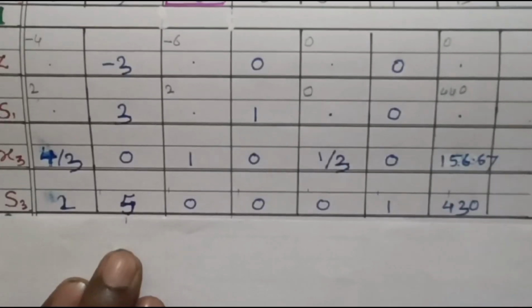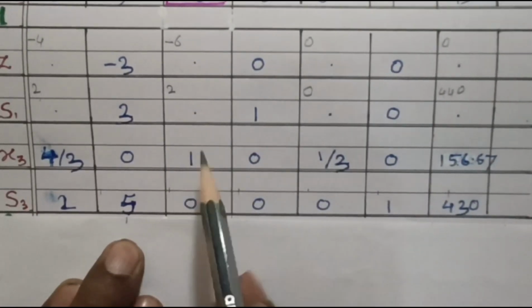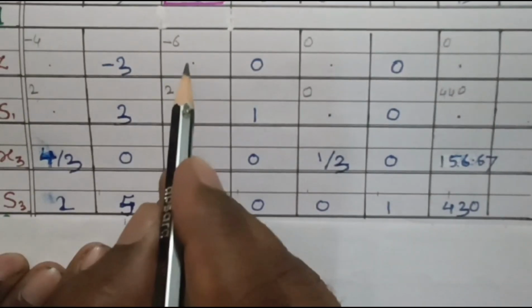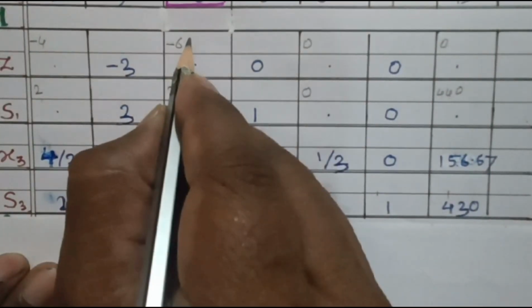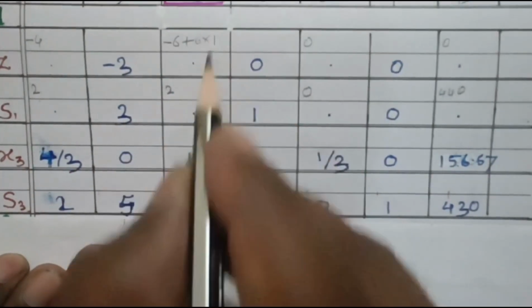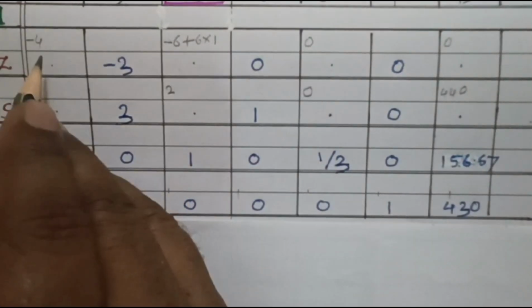Now in the key column, with respect to the key element, we have to reduce this element to 0 and this element to 0. We want 0 here, so what do we do? The opposite of -6 is +6, so +6 into the key row element.